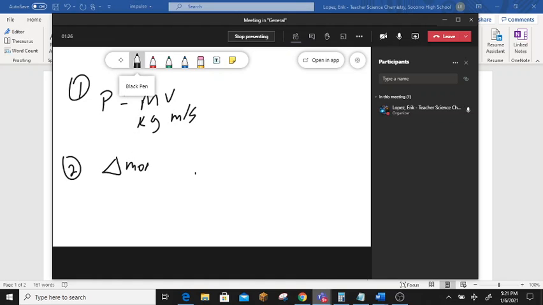Change in momentum equals, so this is the formula, mass times velocity final. And your mass is always in kilograms. And your velocity is meters per second, right?